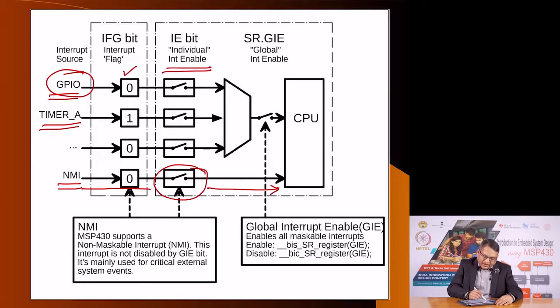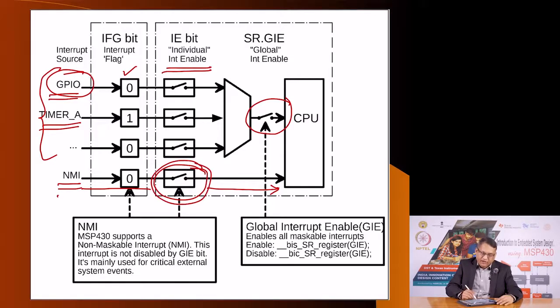On the other hand, the rest of these interrupts, these are all maskable interrupts, you need an individual interrupt enable bit, but there is also a global sort of a switch. If this switch is turned off, then no matter whether an external event happens, no matter whether it has been individually enabled, the CPU will not respond to such interrupts. But for non-maskable interrupt, there is no roadblock apart from this switch here.